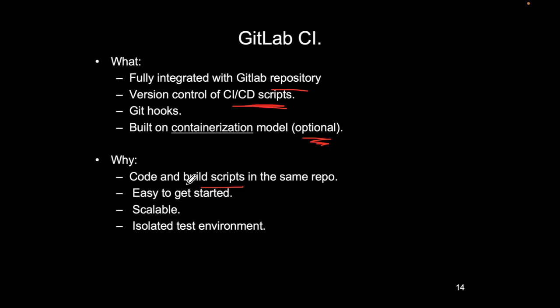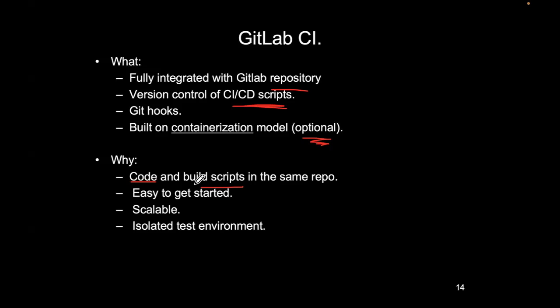And so we can do version control of our CI/CD scripts just as we use version control on our source code. And that's kind of nice because we can roll back to earlier versions of our build script if we need to. You know, we might add some code to our build script which doesn't work when we try and trigger a CI execution, and so we want to undo the changes that we made.